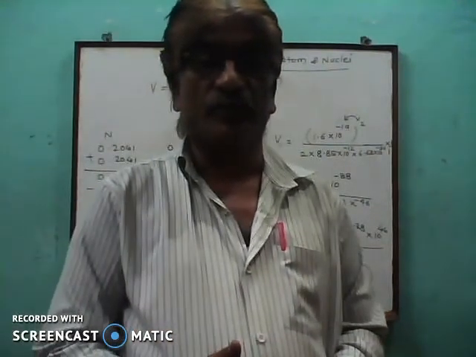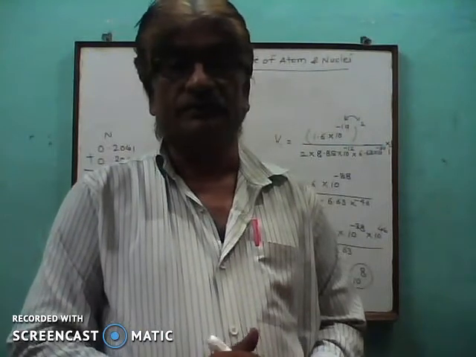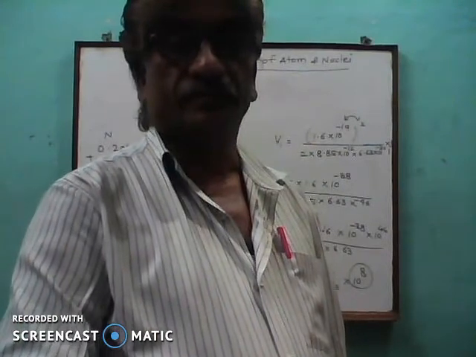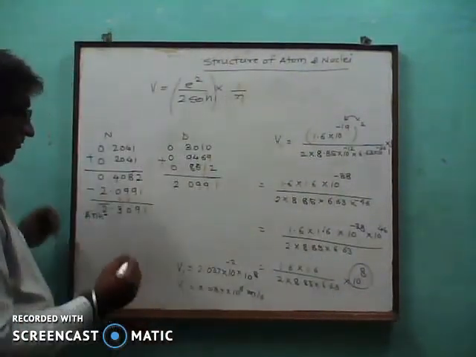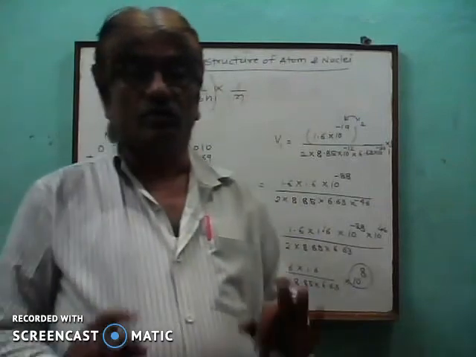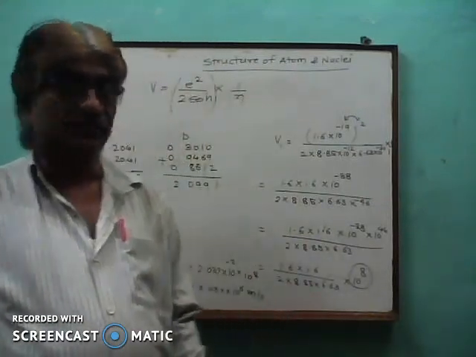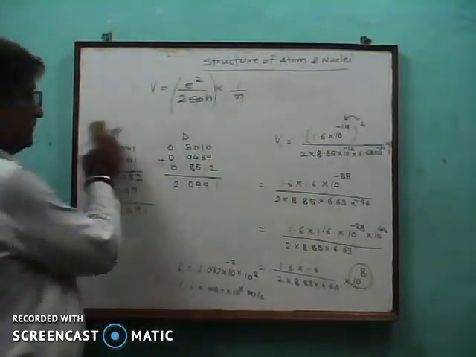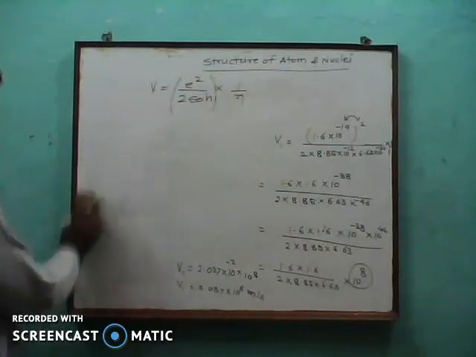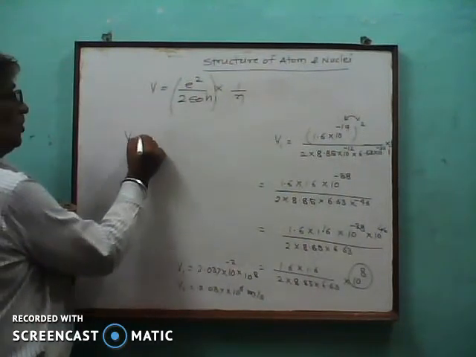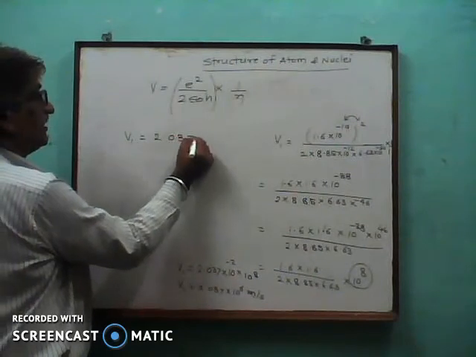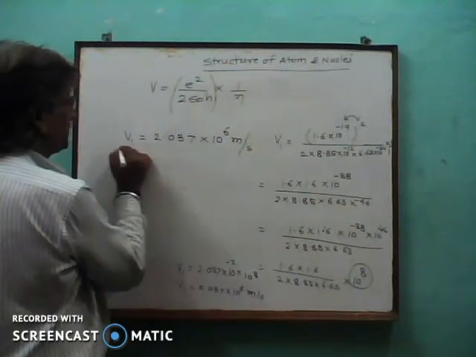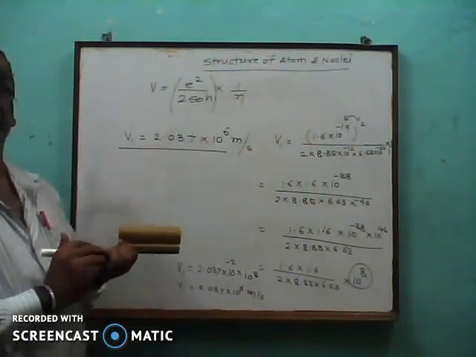So here the velocity of electron in Bohr's theory of hydrogen atom will be v1 is equal to 2.037 into 10 to the power 6 meter per second, for the ground state velocity.